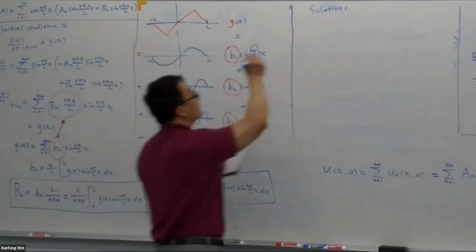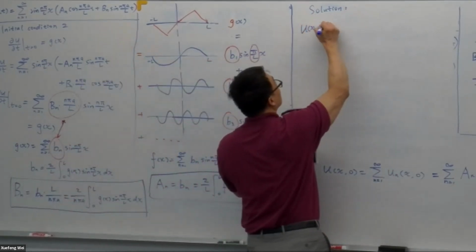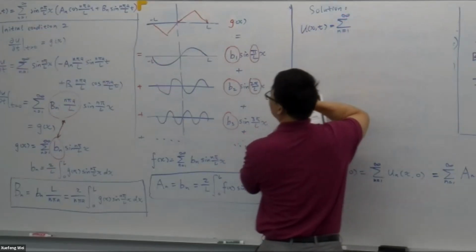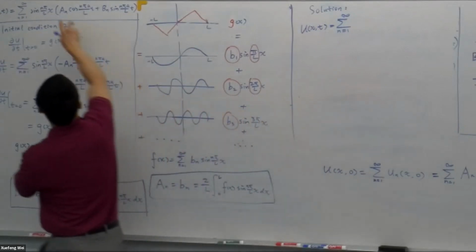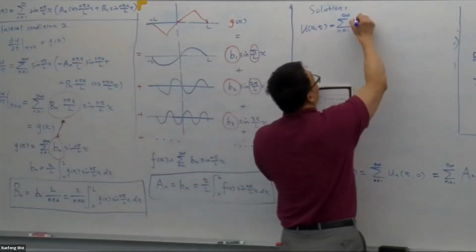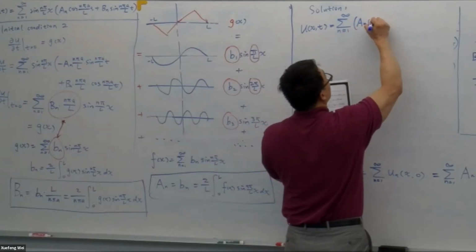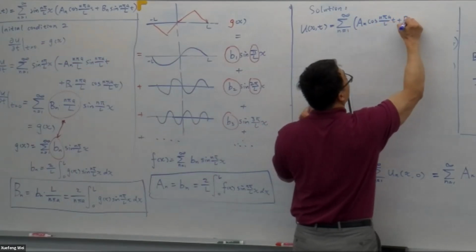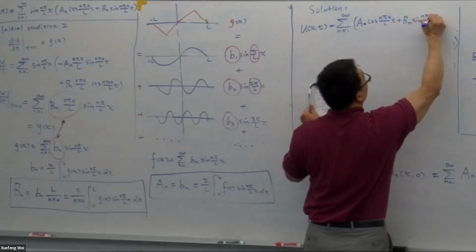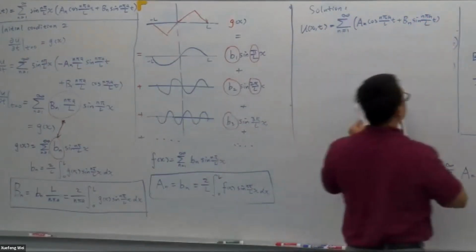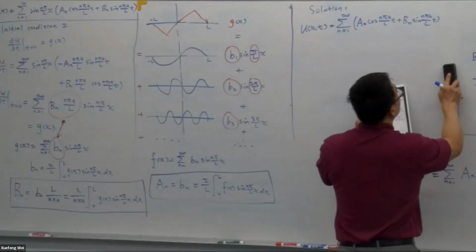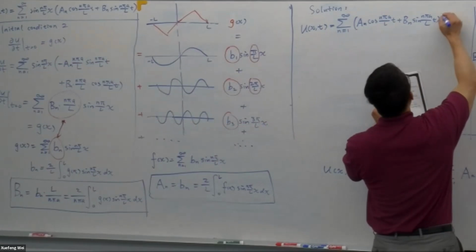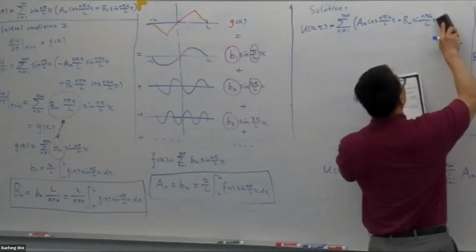The solution is u(x,t) equals the summation of n from 1 to infinity of An cosine n pi a over L t plus Bn sine n pi a over L t, times sine n pi over L x. I just put the x behind, it doesn't matter.